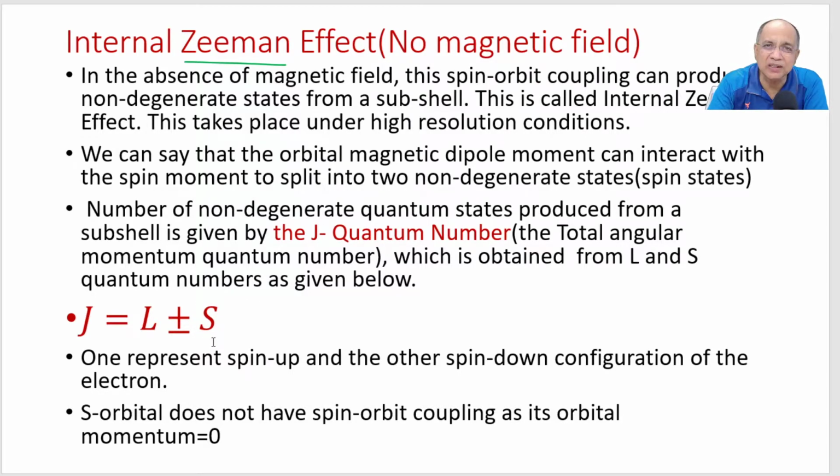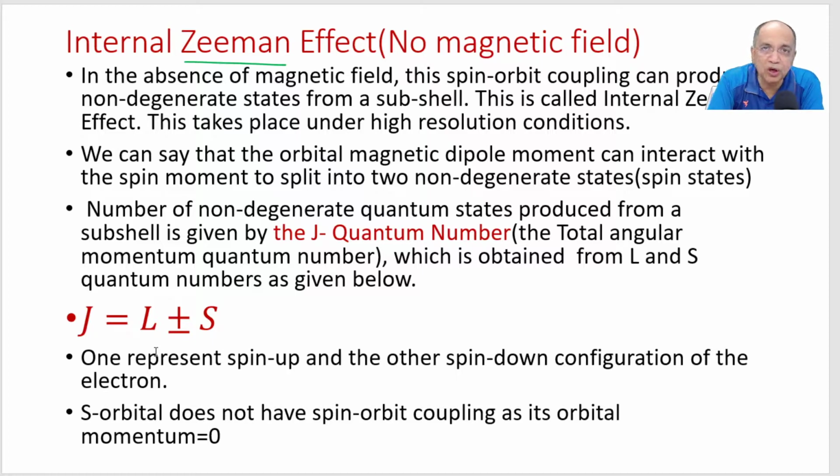Obviously in most cases it is half, only one unpaired electron, and L, if it is P, then 1. If it is S, there is no question of any internal Zeeman effect or any LS coupling, because if L is equal to 0, there is no internal magnetic field, so no question of influencing the two different spin states of the electron spin.